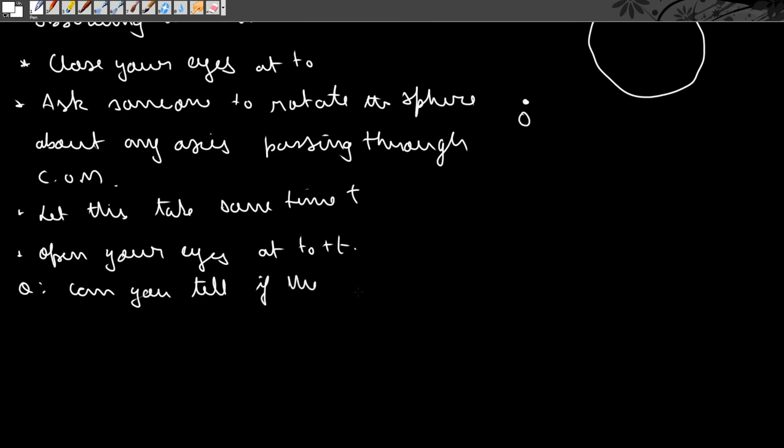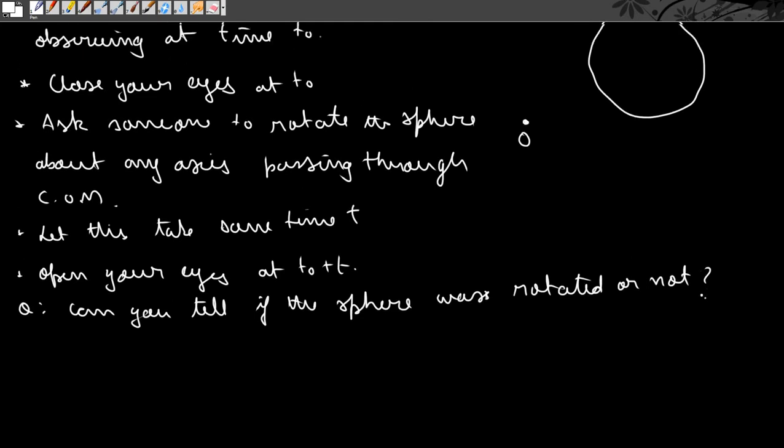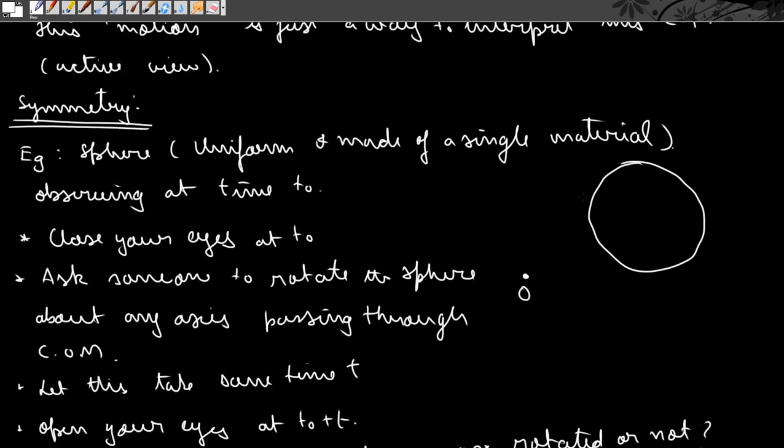Provided there is no special marking on the sphere or no reference of any sort, if the sphere is made of a single material of the same color and uniform mass, then there is no way of telling, after we open our eyes, whether the person has indeed rotated this sphere about an axis passing through the center of mass, say something like this, or whether he has not rotated it.